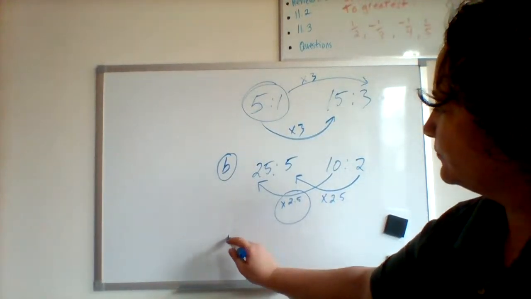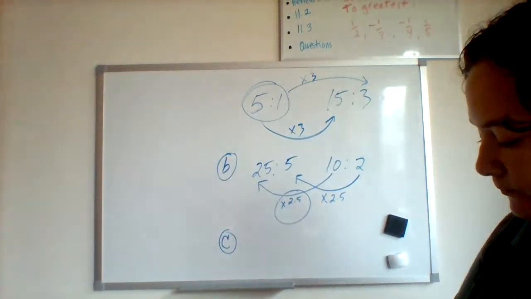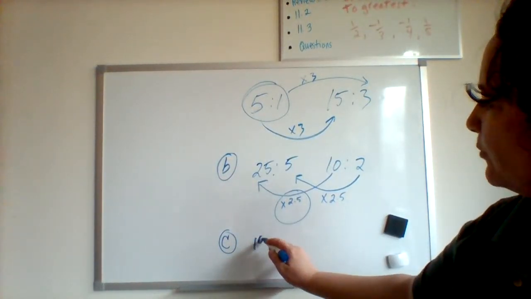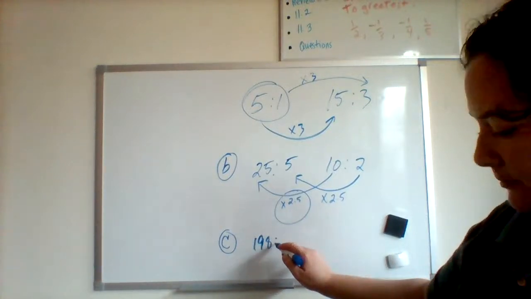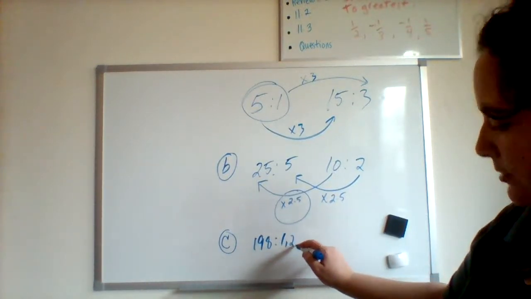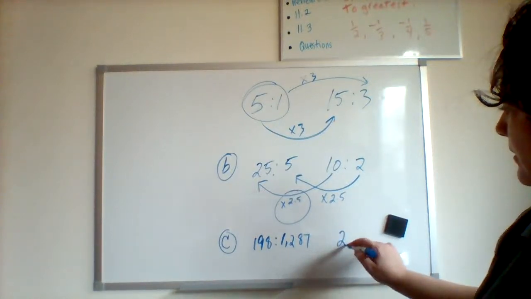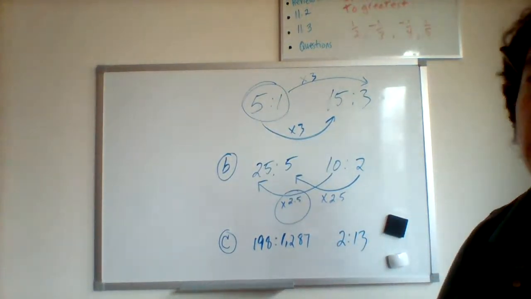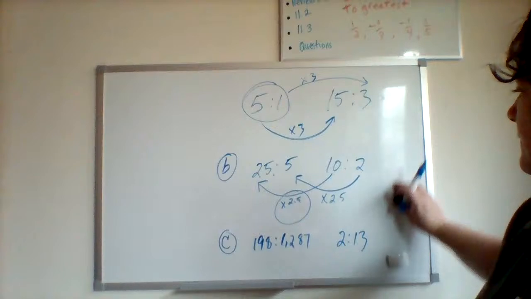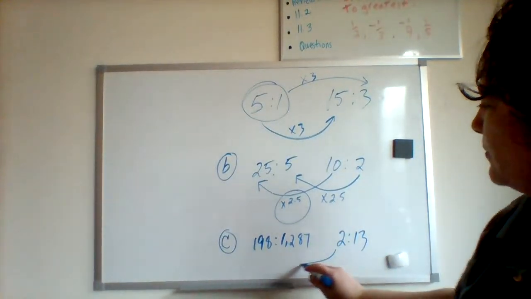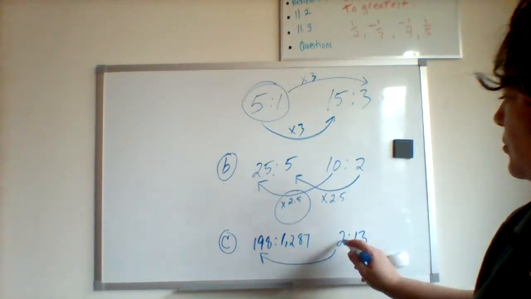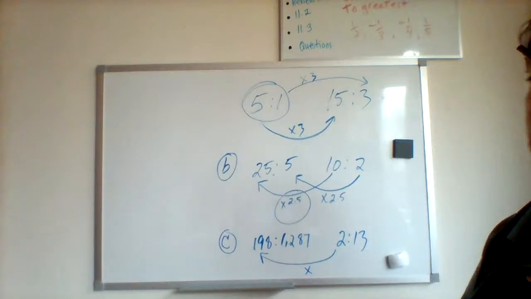Okay, last one. Part C. We have 198 to 1,287, and 2 to 13. Well, what do I have to multiply 2 by to get to 198?